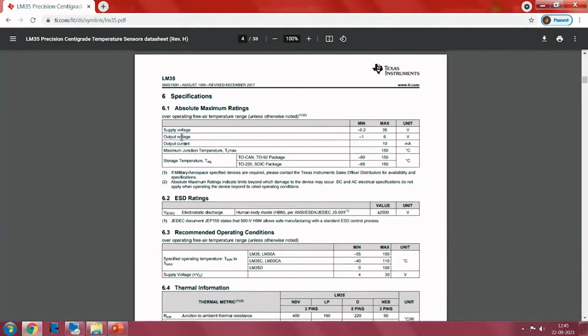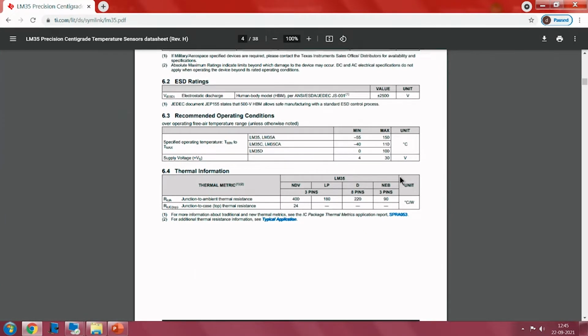And then the maximum output voltage that you get out of it is -1 to 6 volts, right. It will not give more than that. Then Tj max is 150 degrees, it can withstand up to a junction temperature of 150 degrees. As we have already seen, the supply voltage is 4 to 30 volts.